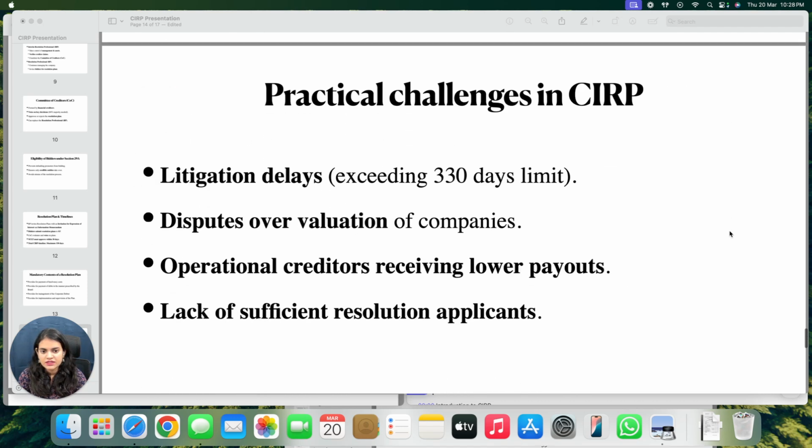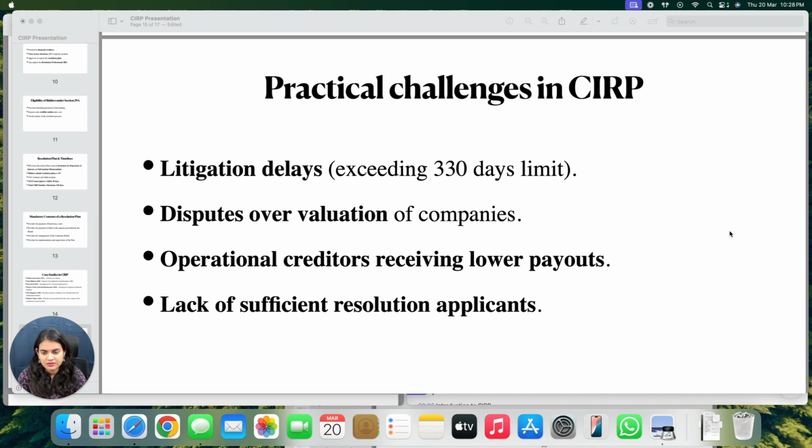Now, let us look at the practical challenges faced. So, ideally, the process must be concluded within 330 days. However, there are several issues in actually finishing it within 330 days.